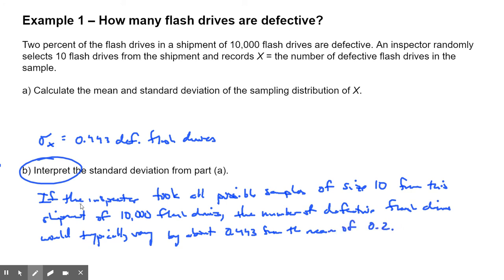And there's our interpretation. The number of defective flash drives would typically vary by about 0.443 from the mean of 0.2.